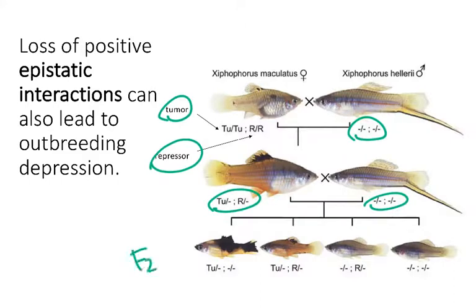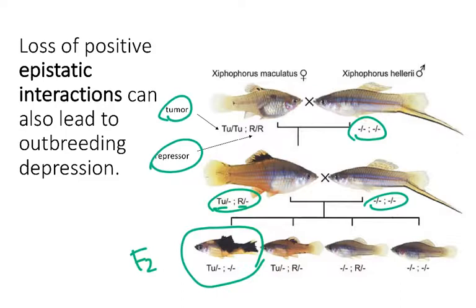But when you get to the F2, you now see these unique interactions that never happened before. Now you're losing this connection between the tumor gene and the repressor gene in some of these offspring. Specifically, this individual here now has the tumor gene, but it doesn't also have the repressor. You needed that interaction between both of those genes for this fish to have high fitness and survive.